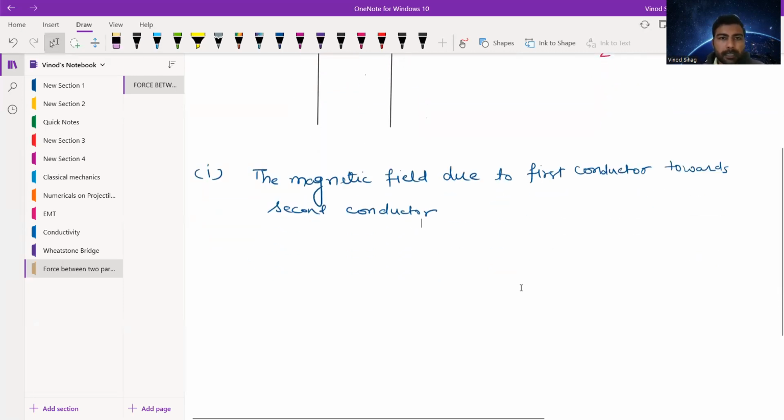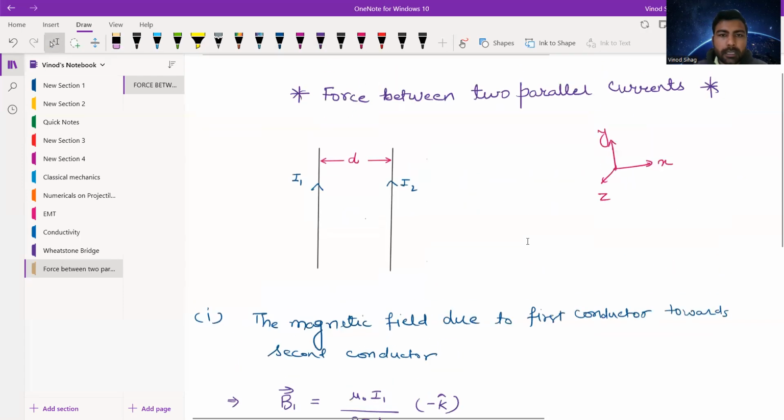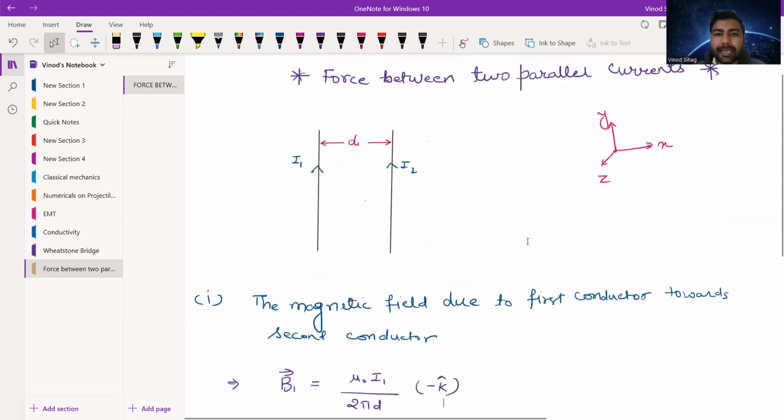It is B1 equals mu naught I1 upon 2 pi d, and the direction will be minus k cap, or we can say minus z cap, both are the same. So the magnetic field due to the first conductor towards the second conductor is mu naught I1 upon 2 pi d in the minus k cap direction.